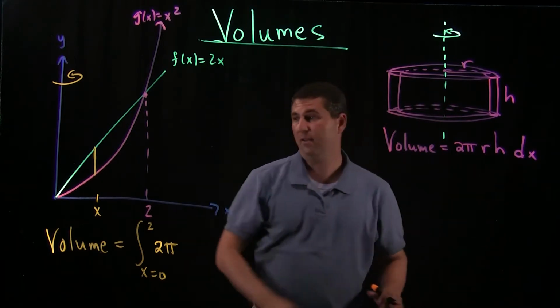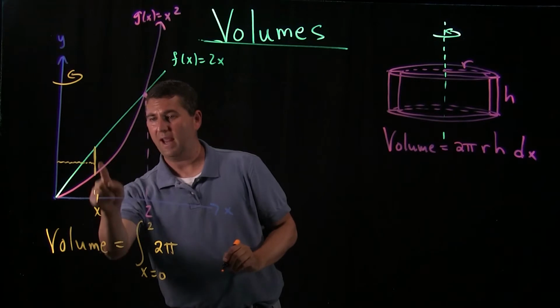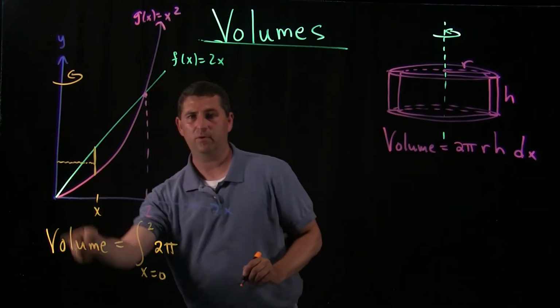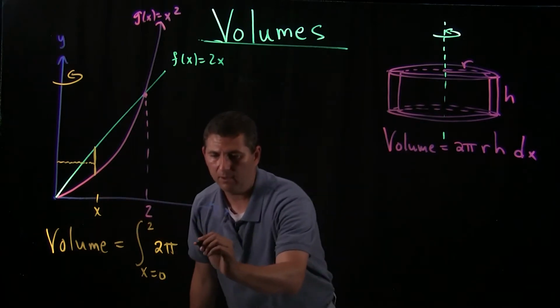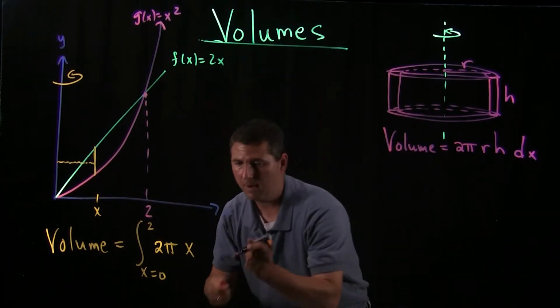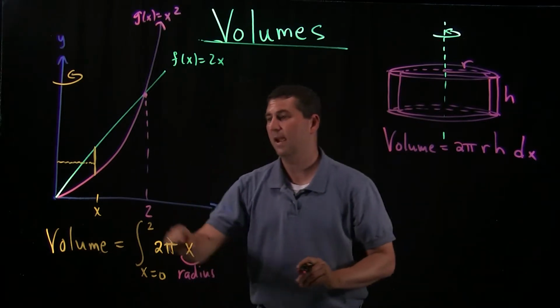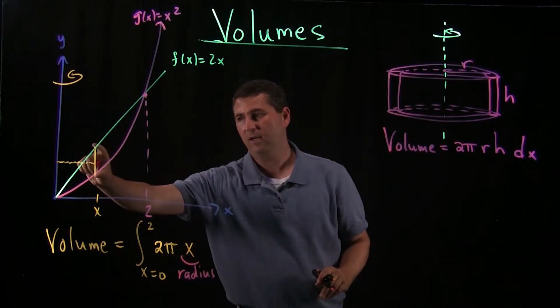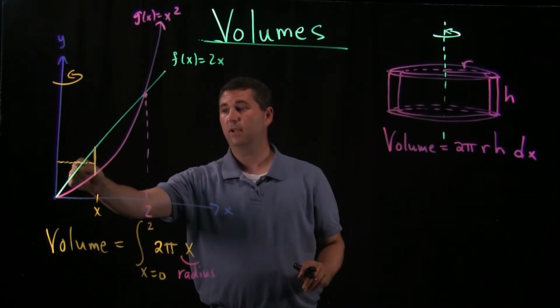So for the radius, well, I need to know how far away this point x is from the axis of rotation. But this is just 0. So it's from 0 to x. That's going to be x. Okay, again, that's my radius. Okay, next I need the height. So I need to know the height of the rectangle I'm going to get. And, well, that's pretty easy too here.